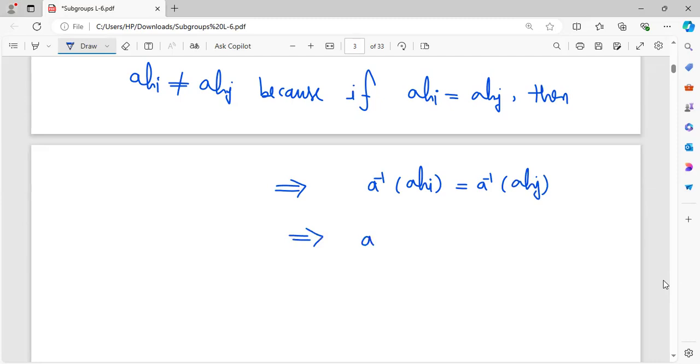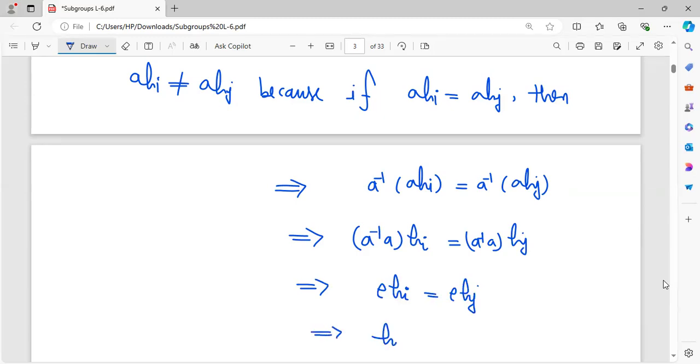This implies a inverse a hi is equal to a inverse a hj. So this is identity, hi, and this is identity, hj.